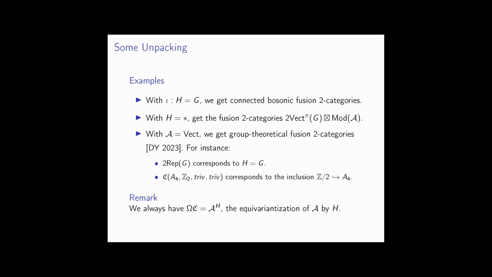So essentially, what you do, okay, it's terrible that I don't know the functor, but essentially what you do is you construct a nice algebra in 2Vec_G times Mod A. Your data allows you to construct this algebra, and then you take bimodules for this algebra.